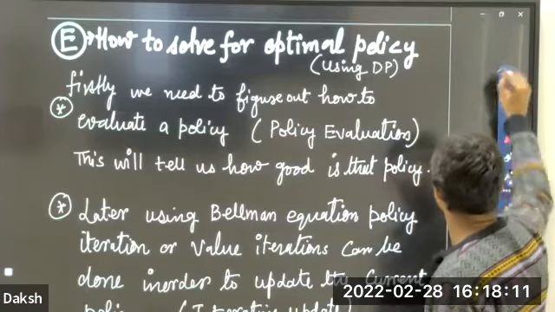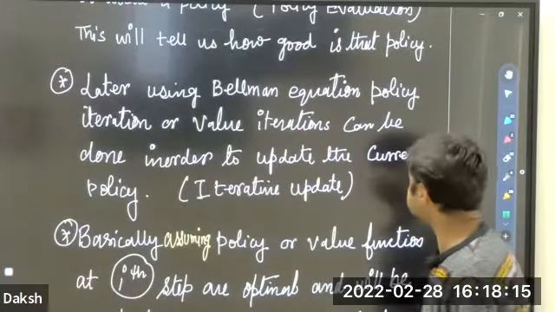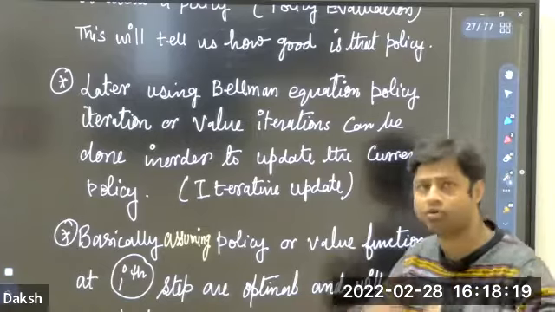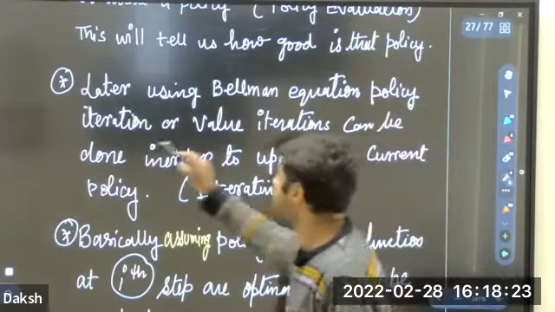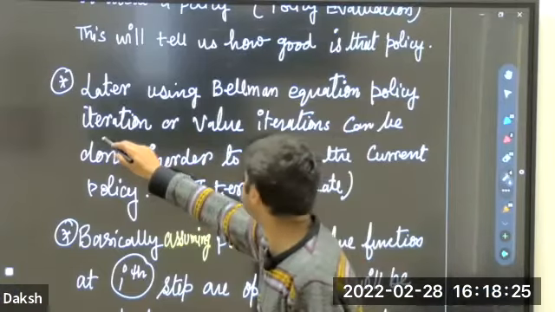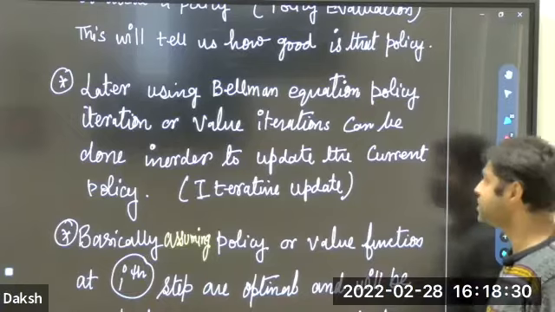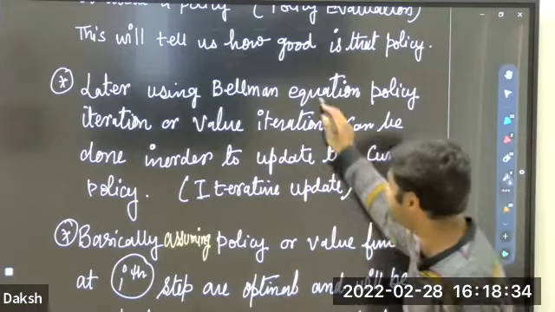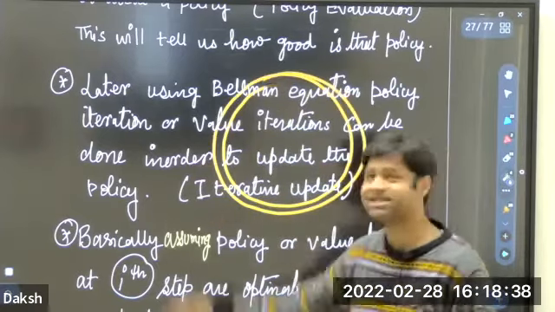Once we know how to evaluate a policy, later Bellman equation, policy iteration, maybe over the value, maybe over the Q function, we keep on updating using the Bellman optimality equation.